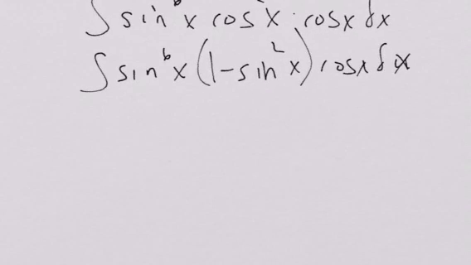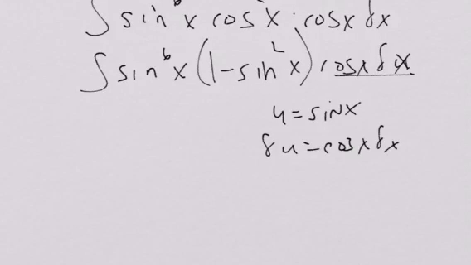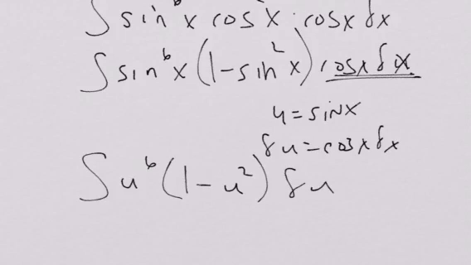Once we have that, now we could let u equal sine x, so du equals cosine x dx. Right, so there's our du. We can rewrite this now and say I have u to the 6th times 1 minus u squared du.